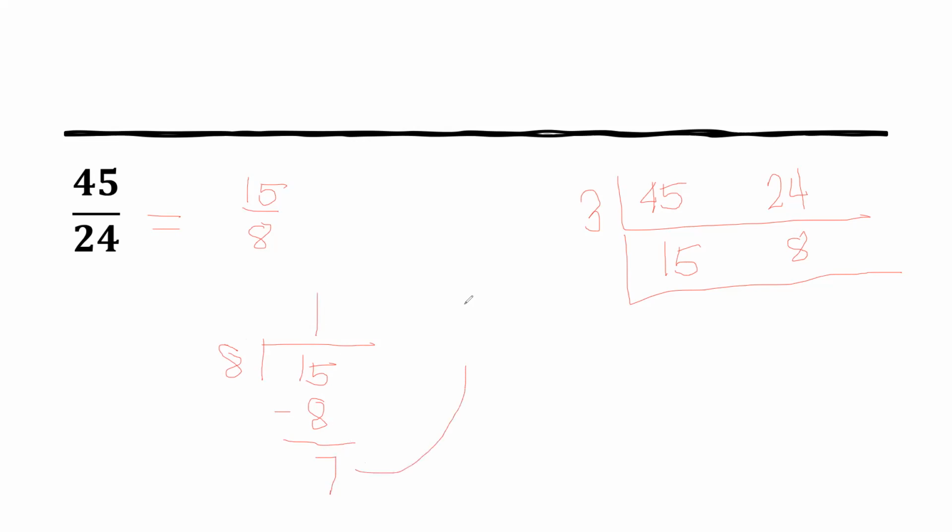So itong remainder na to ang magiging bagong numerator natin. Then kopyahin mo lang ang ating dating denominator. So our final answer is 1 7/8. Diba? 1 7/8. Clear? Question?